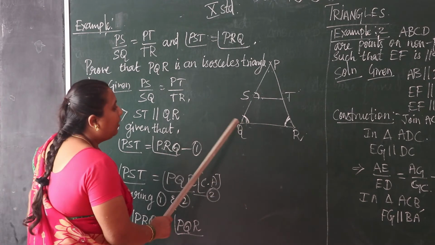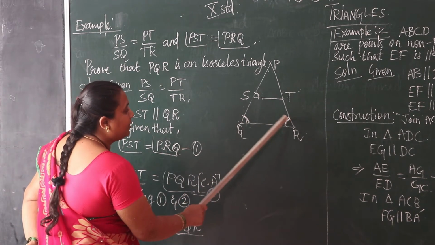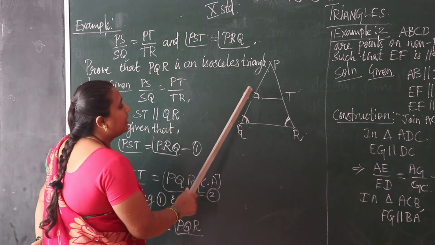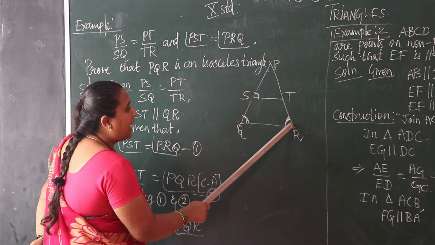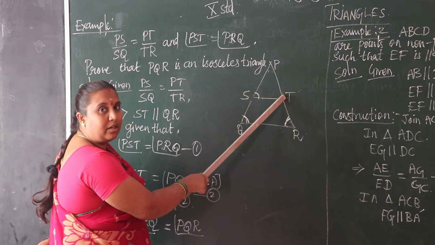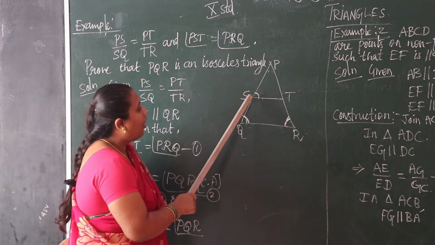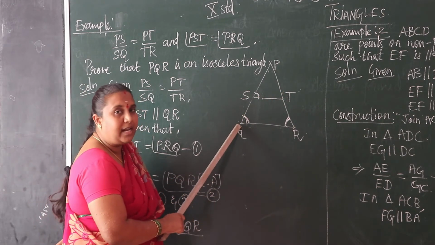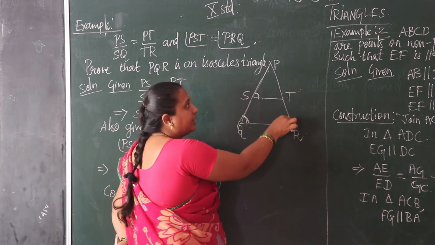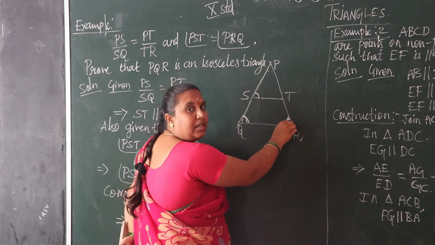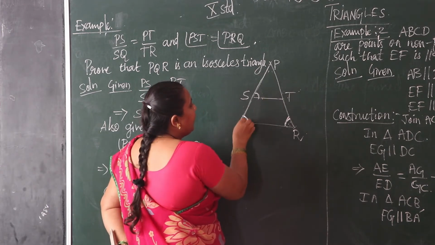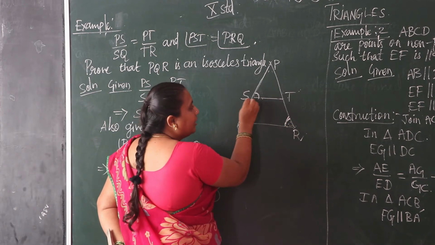See, we have the base angles, these two angles, equal. The sides opposite the equal angles are equal. PQ is opposite to angle R and PR is opposite to angle Q. The opposite sides of the equal angles are equal.